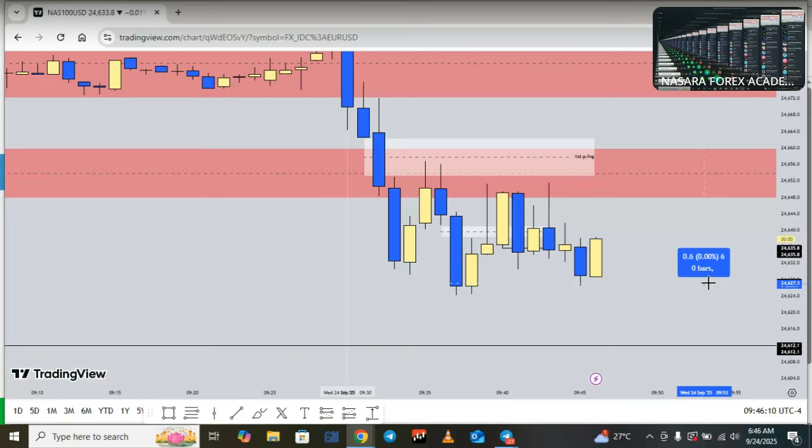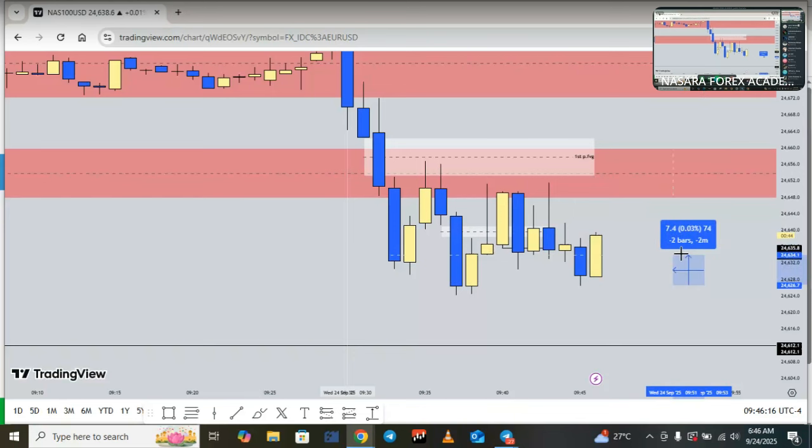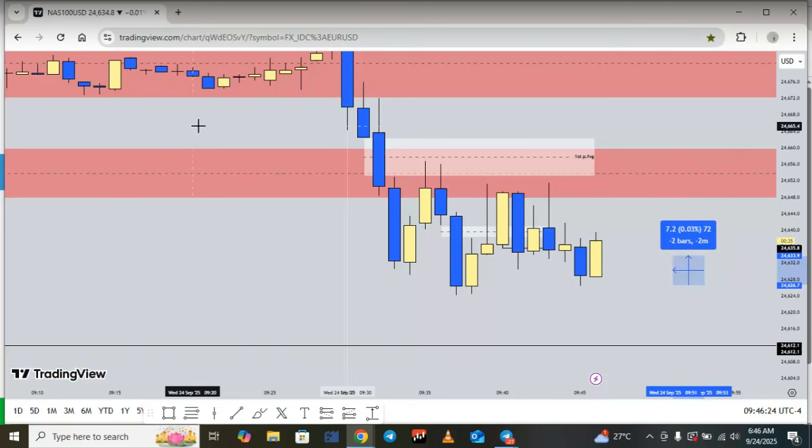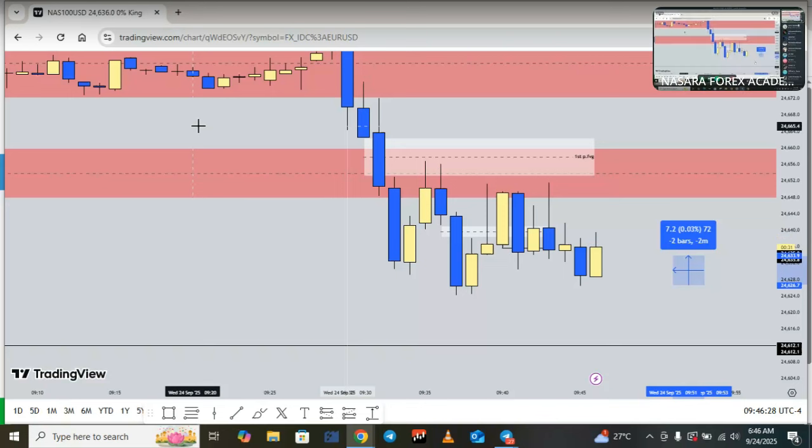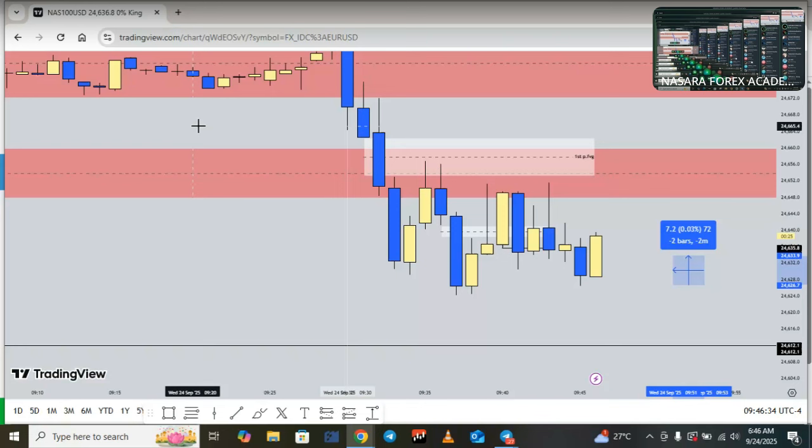Let me see the dashboard of your trading view. Is it the browser or you downloaded the application? No, it's browser. I use the application. Okay, perhaps magnet is on.